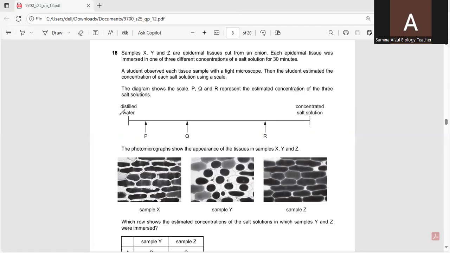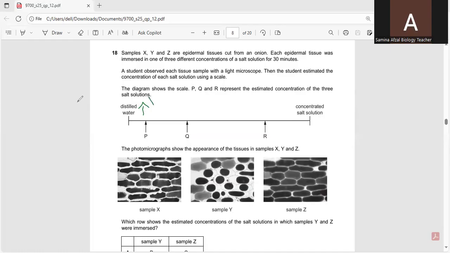So the point P is very close to distilled water, and the scale moves towards the more concentrated salt solution. P shows that if we keep any cells in it, water will enter them and they will become turgid.